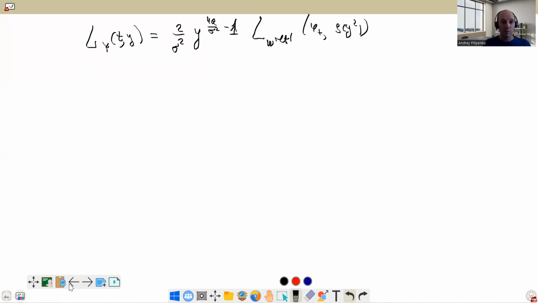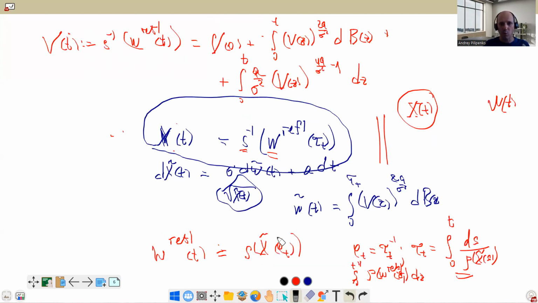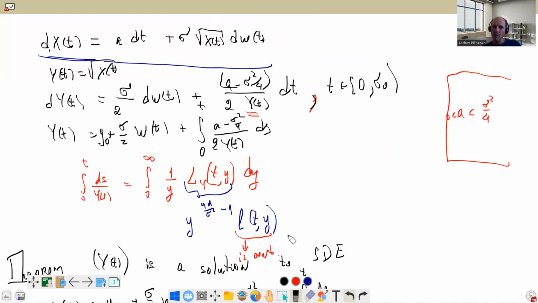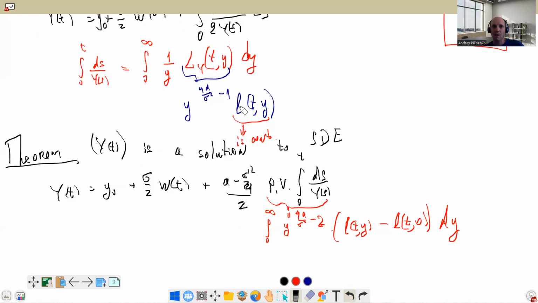And now let me return to principal value. So what was the principal value? The principal value is the integral of this form. And the function L small has this representation. So L small is the local time of the process y divided by this.